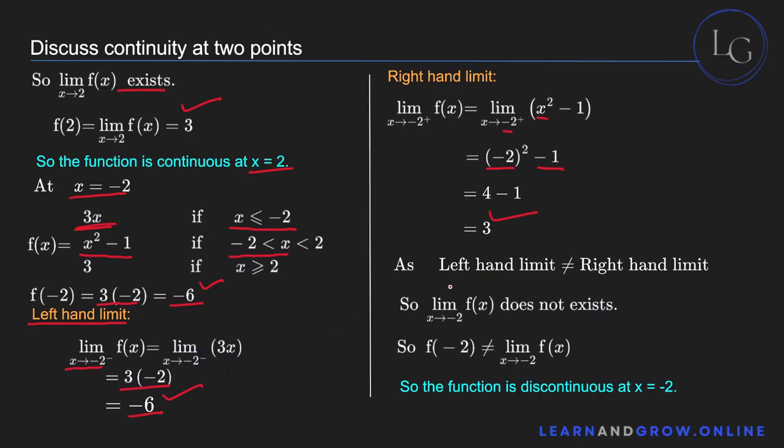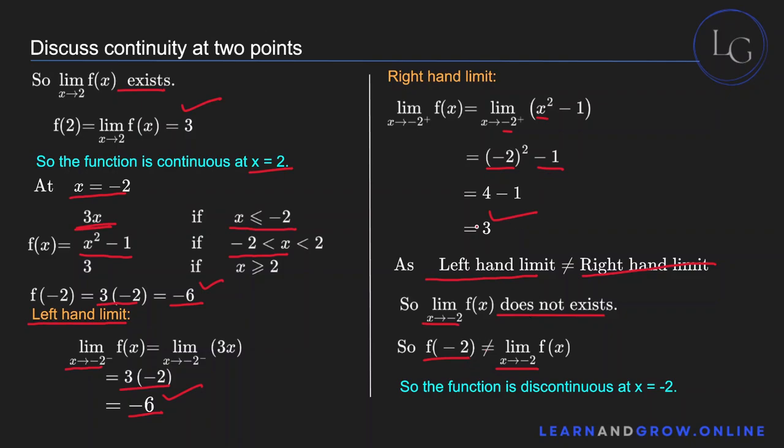Now in this case, the left-hand limit, which is negative 6, is not equal to the right-hand limit, which is 3. Since negative 6 is not equal to 3, the limit of f of x as x approaches negative 2 does not exist. So f of negative 2 is not equal to the limit of f of x as x approaches negative 2, because it's discontinuous.